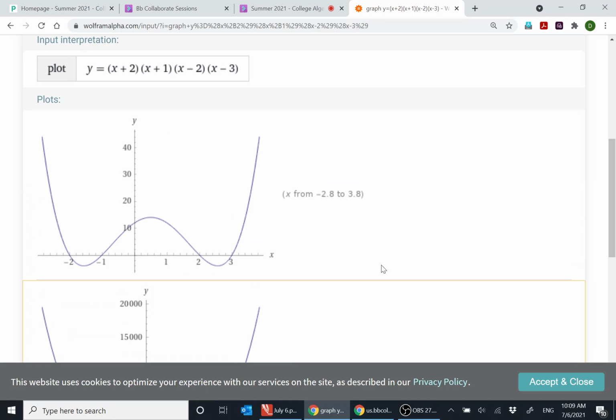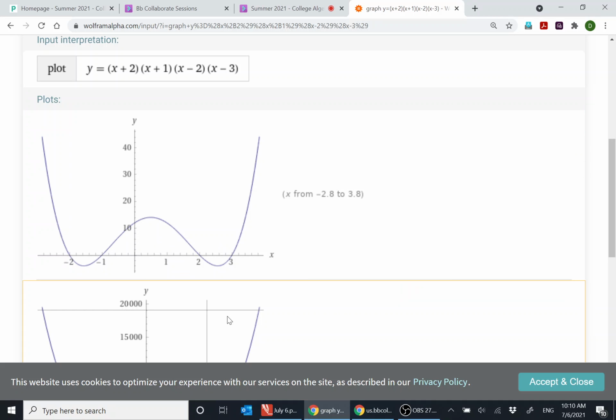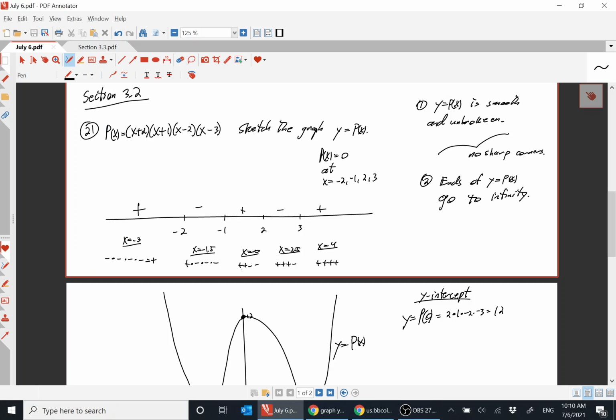Our methods don't give us these details. The one detail that we would really like, that is missing, is where these local maximums and minimums are, right? I mean, the function is negative and then it becomes positive, so it has to curve down and then come back up. So you're going to get these relative maximums and minimums.